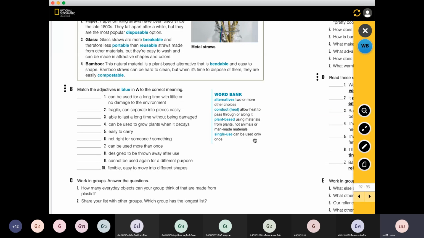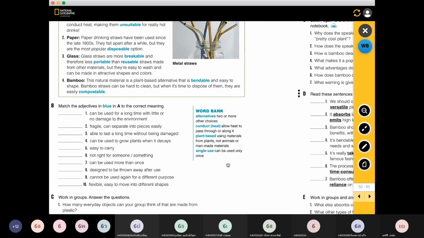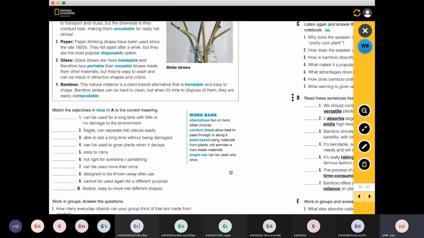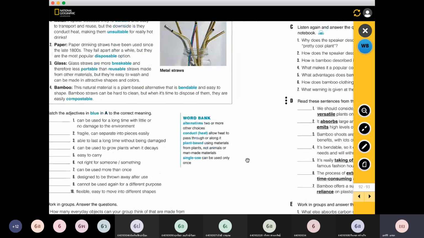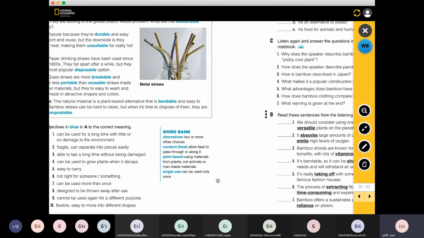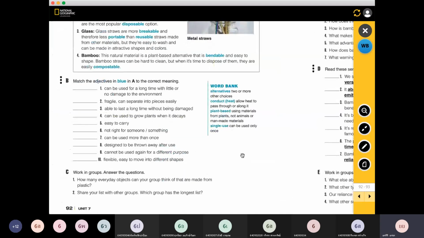People are trying to use less and less. There might be some other reasons, but we cannot avoid that. We can see all the materials, all the products that we use in our daily life are made of plastic. We cannot get away from it, right?